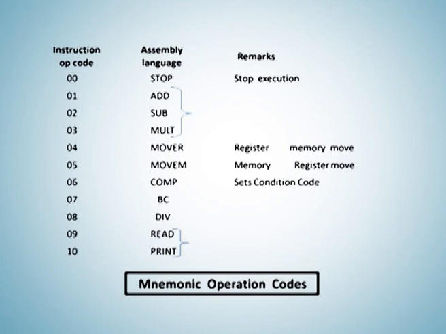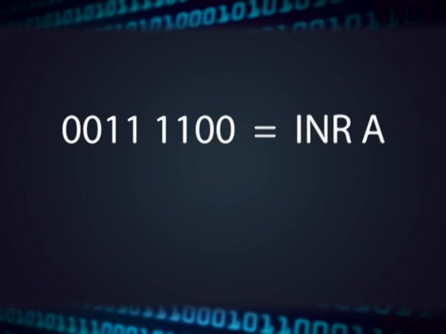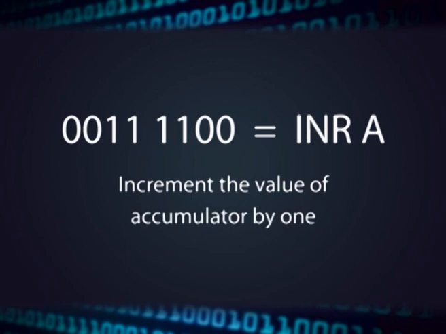In turn, it helps to easily memorize the instruction. For example, the binary pattern 0011 1100 as explained earlier is assigned a mnemonic INR A, which stands for increment the value of accumulator by 1.